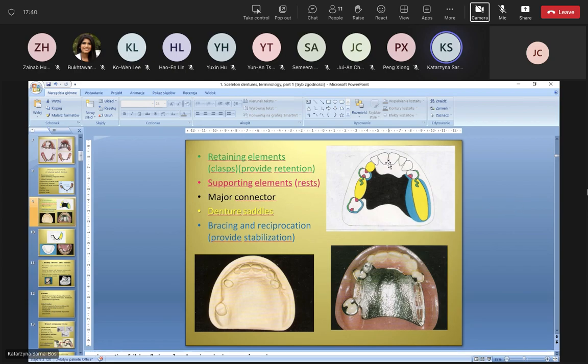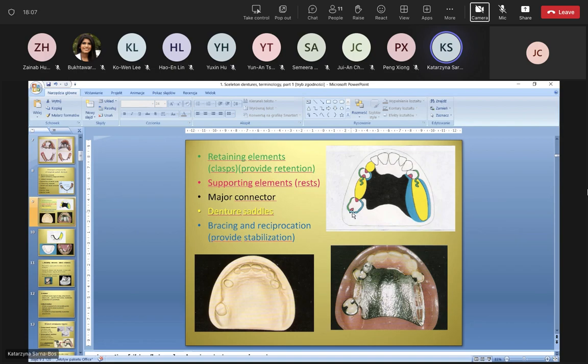And here you have the principal elements of the skeletal denture, and they are marked by colors. The retaining elements are marked by the green color. These are the clasps in this case, and the retaining elements provide the retention of the denture.